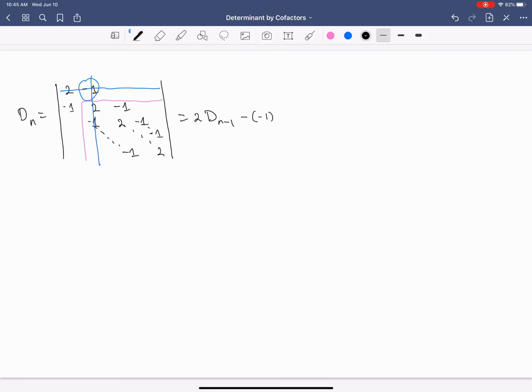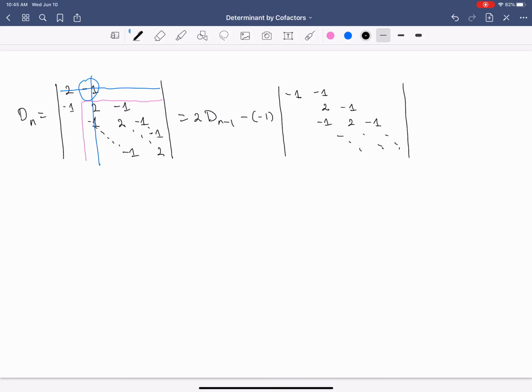minus -1 times the matrix -1 with zeros underneath, and then I have -1, 2, -1, and everything else continues, right? I have a -1, 2, -1, and so on. They continue.